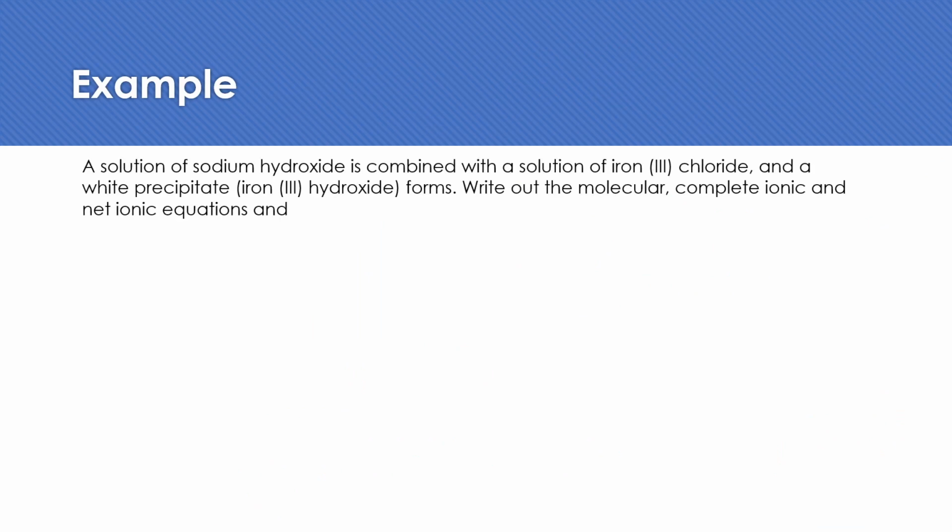A solution of sodium hydroxide is combined with a solution of iron 3 chloride, and a white precipitate, iron 3 hydroxide, forms. Write out the molecular, complete ionic, and net ionic equations, and give the spectator ions. All right, so first things first, we need to write our balanced chemical equation.